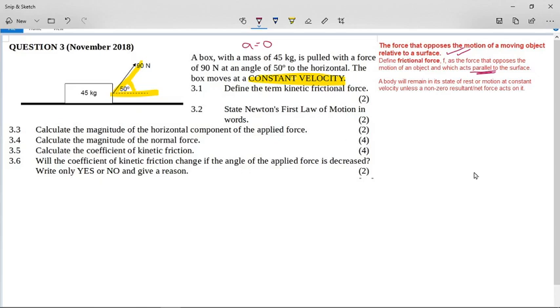Now it says calculate the magnitude of the horizontal component of the applied force. So in order to do this, we have to look and see, here is our applied force. It is 90 newtons, and it is acting at an angle of 50 degrees to the horizontal. The horizontal component of the applied force is the force that we will call Fx.